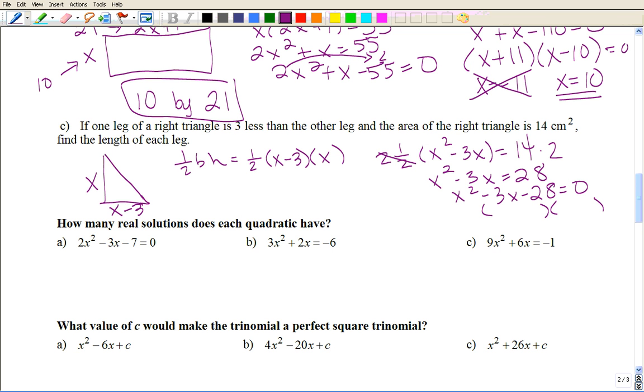That factors into x minus 7 and x plus 4. So that tells me that x is equal to 7 or x is equal to negative 4. But I cannot have a leg with a length of negative 4. So x is equal to 7. So if I plug that in, I'll have this side equal to 7 and this side will be equal to 4. So this is 7 centimeters by 4 centimeters.